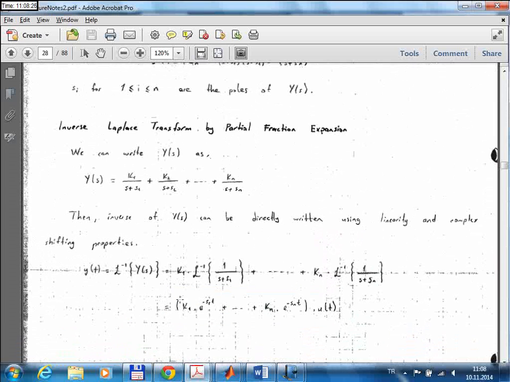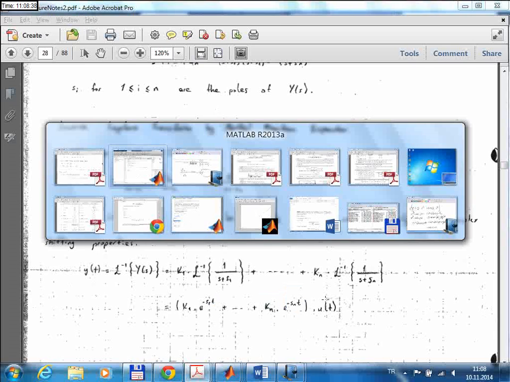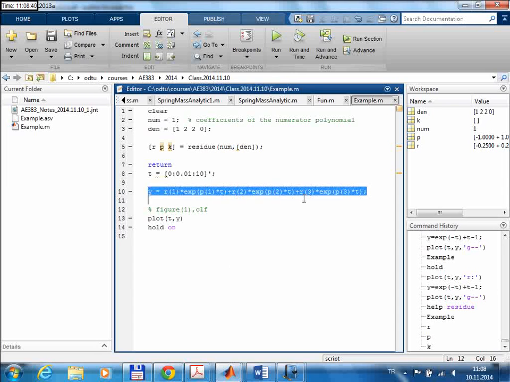The first residue times e to the power first pole times t plus all these terms, and the last residue times e to the power pole times t. So this is what you see here. Residue times the exponential term, residue times the exponential term. So this is the response.